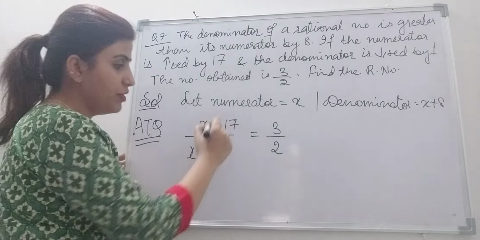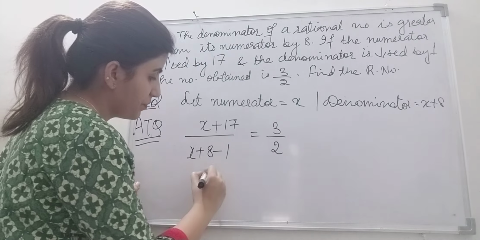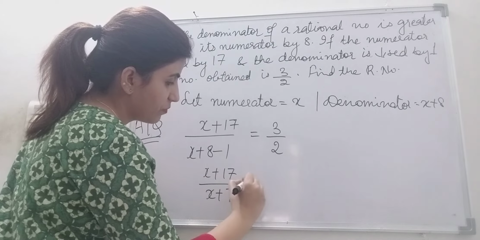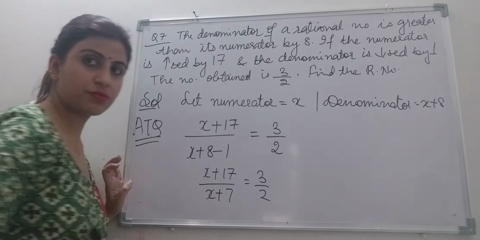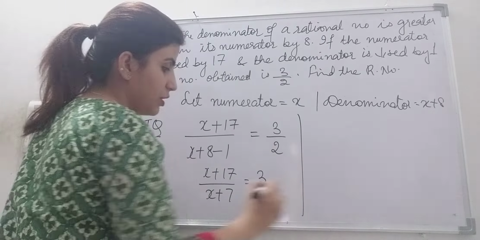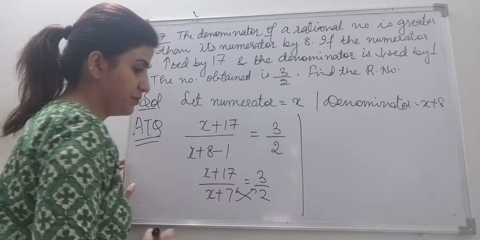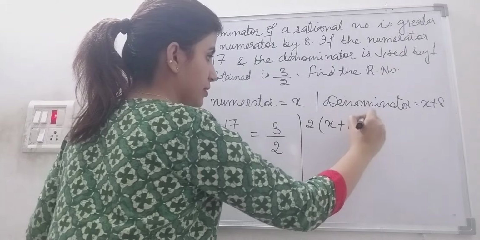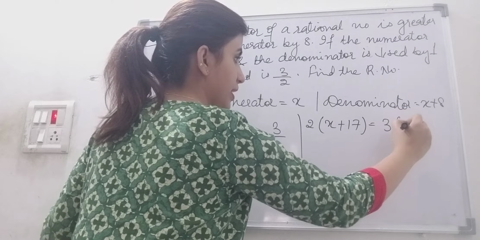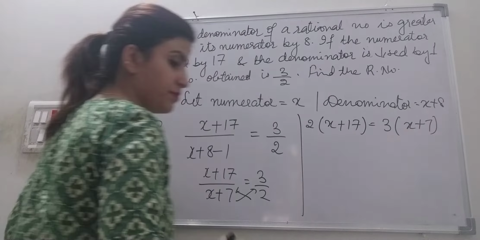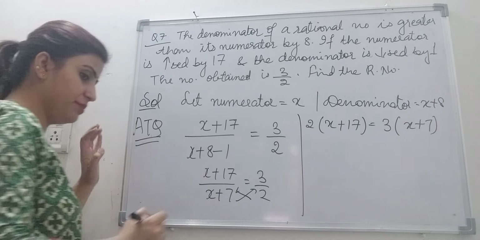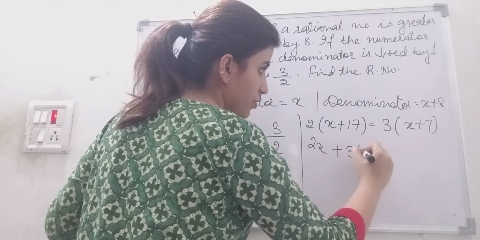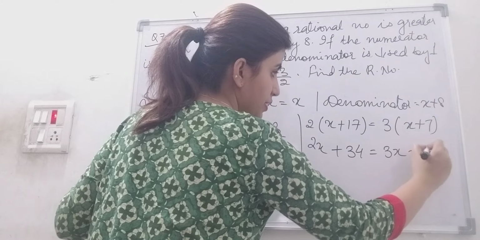Now let us solve for the numerator and denominator first. (x plus 17) upon (x plus 7) equals 3 by 2. Now cross multiply the denominators. 2 times (x plus 17) equals 3 times (x plus 7). Now open the bracket. 2x plus 34 equals 3x plus 21.